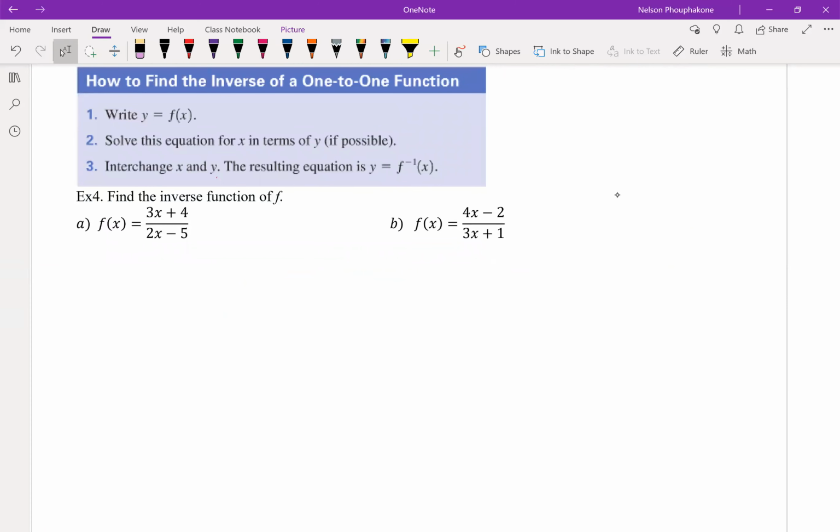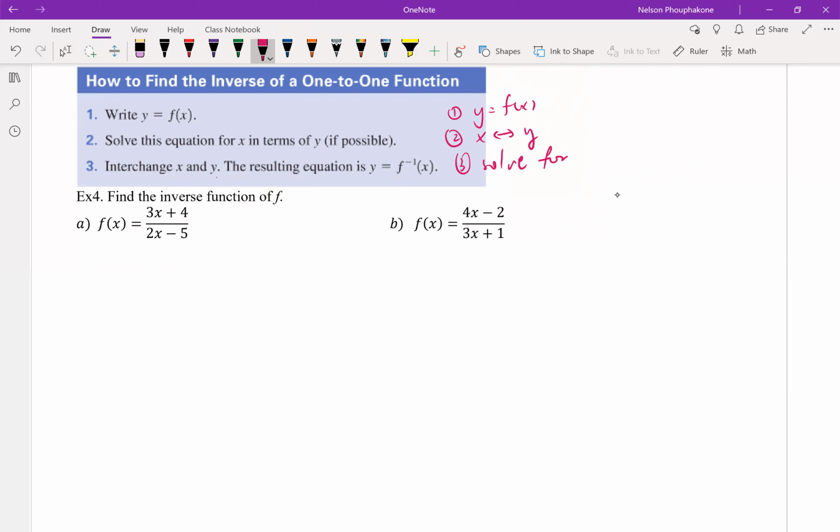Okay. Now, this is actually how your textbook does it. However, if you watch some YouTube videos, the first step is y equal to f of x, and then in the second step, they interchange x and y first, and then the last step is they solve for y.